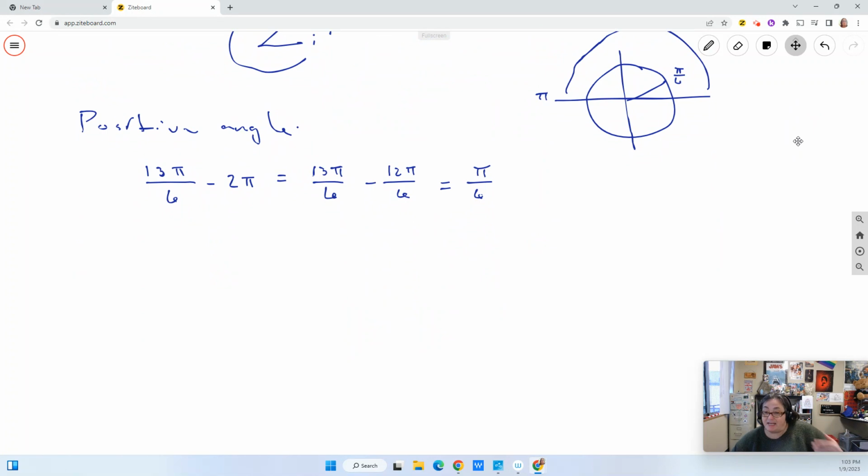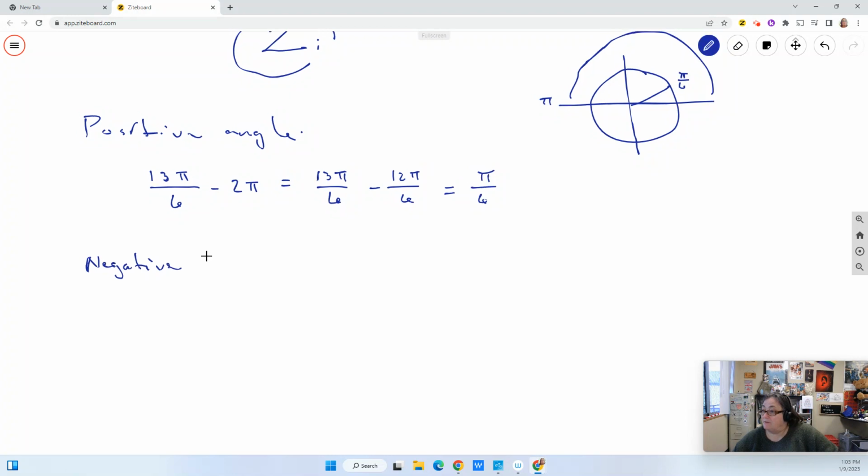Now, given a negative angle, we're going to say I have a negative angle, -2 pi over 3.